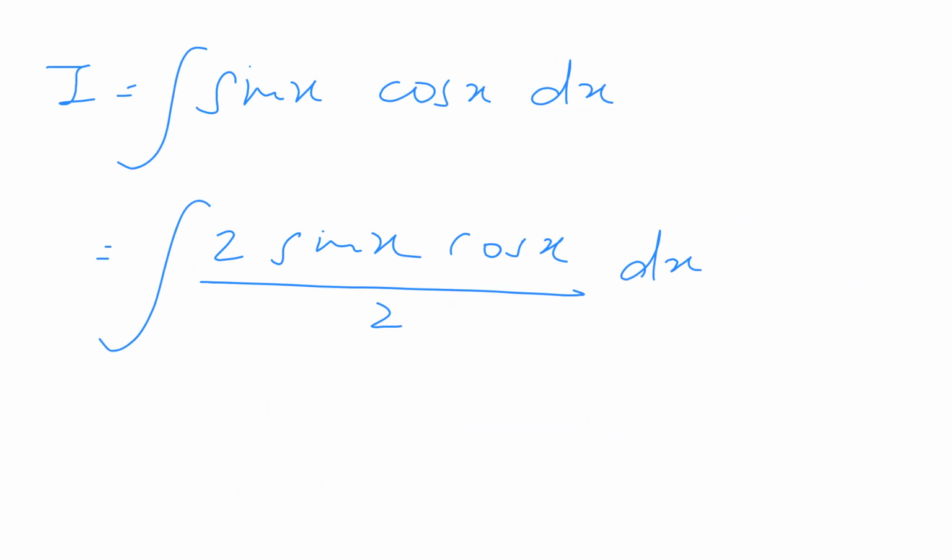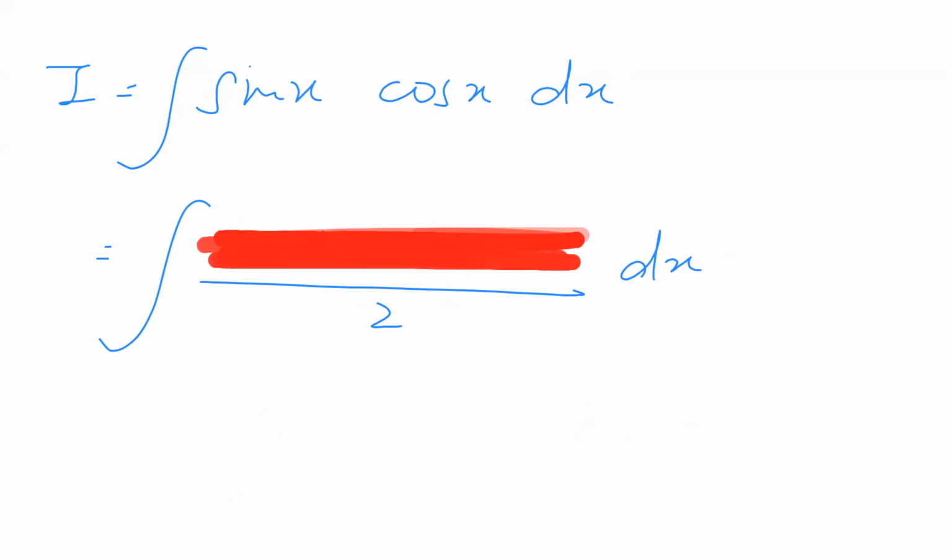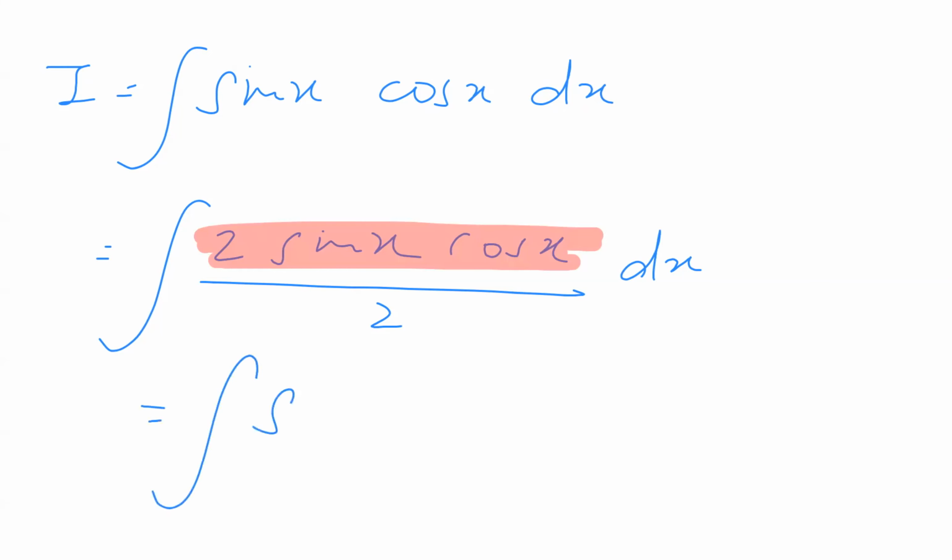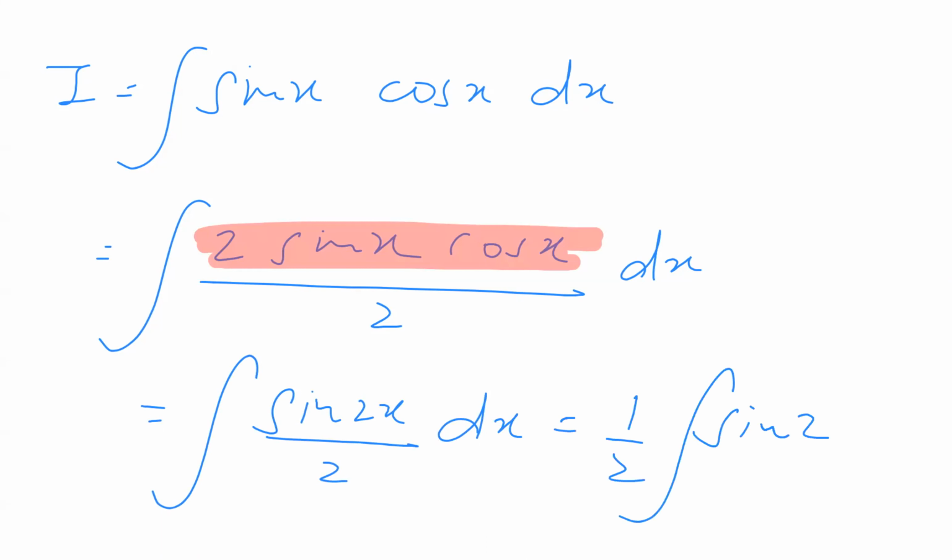So what is 2 sin x cos x? As per the half angle formula, it is sin 2x, right? So this is sin 2x upon 2. Half will go outside. Integration of sin 2x dx.